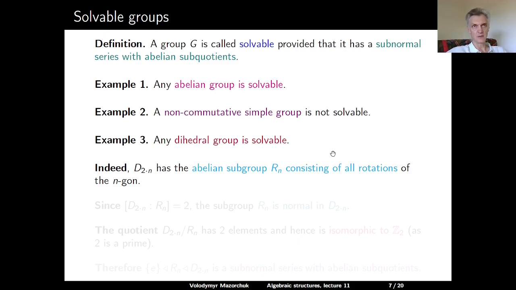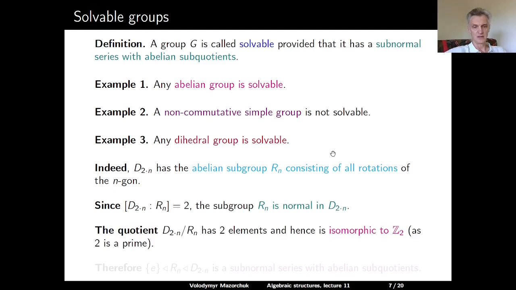If we have an n-gon, we can rotate it by 2 pi over n and any powers of this rotation, and this generates an abelian subgroup which we denote by Rn, which consists of n different rotations of our n-gon. The index of this subgroup in the whole dihedral group is 2, so we have n rotations and 2n symmetries, and of course any subgroup of index 2 is normal. So this subgroup is normal in the whole dihedral group.